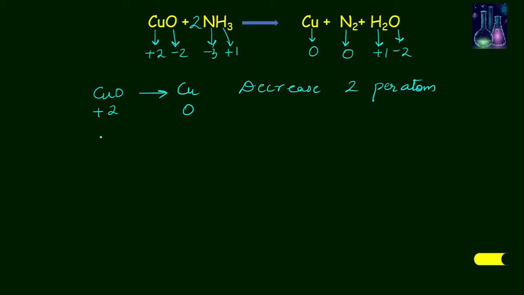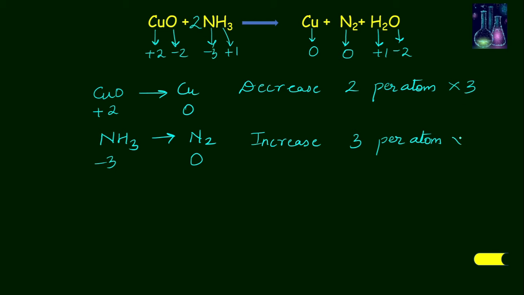In the case of ammonia, NH3 to nitrogen, the oxidation changed from -3 to 0. That is, it increased by 3 per atom. Therefore, we have to multiply this by 3, this by 2 to make it equal.